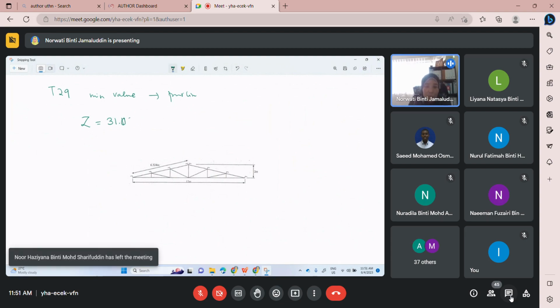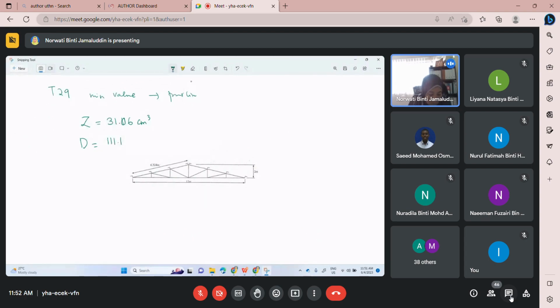31.1 or 0.6 centimeter cube. The depth of your purlin should be bigger or equal to 111.1 millimeter. B is equal to 41.67 millimeter.